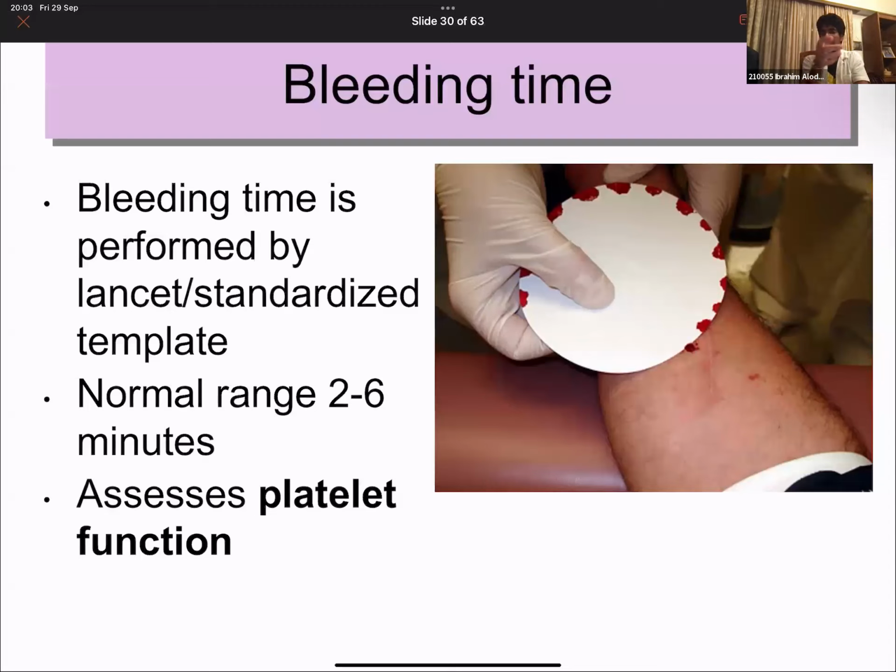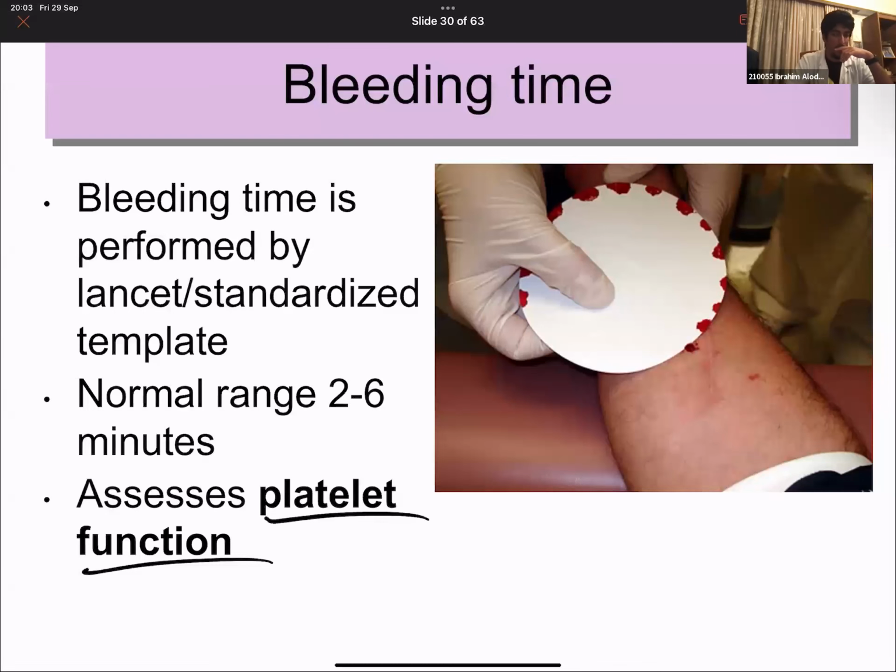Then they would take the time of how many minutes it took for the bleeding to stop. Normally it's between 2 to 6 minutes. What you need to know is that checking the bleeding time is checking the platelet function, because again, that first step is forming the platelet plug, which initially stops the bleeding.